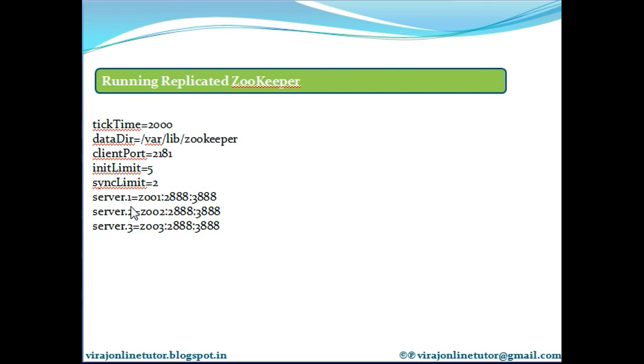This file contains the server number in ASCII format. In the first server, that file will contain number 1. Second server, number 2. Third server, number 3. So based on that, each server knows which server it is in a cluster of servers.